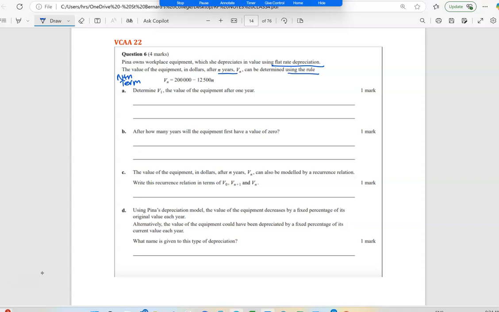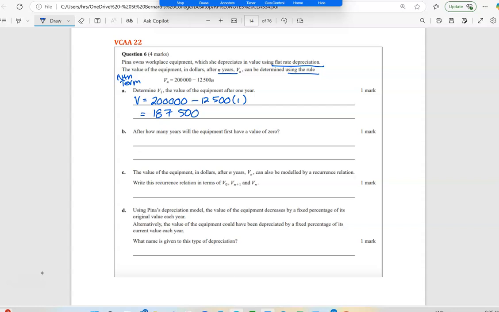So that's why I knew it was nth term. Determine the value of the equipment after 1 year. So that was the value at any time. So we just want the value if n equals 1. So it'd be like that. So we end up with 187,500. So there you go.